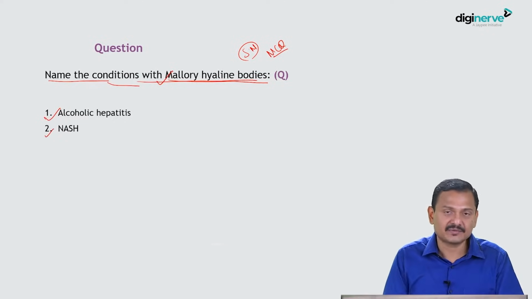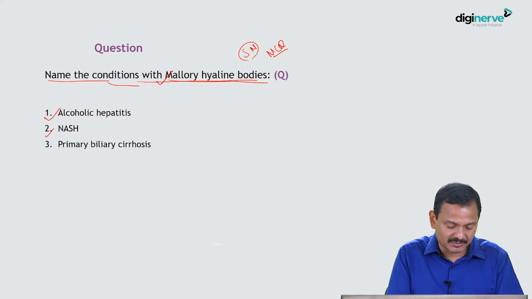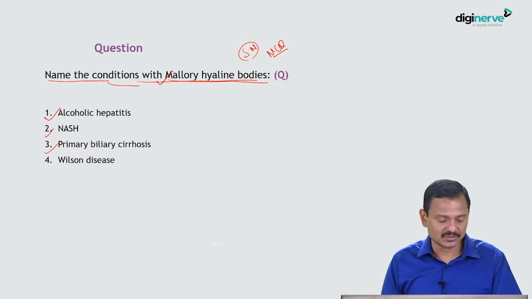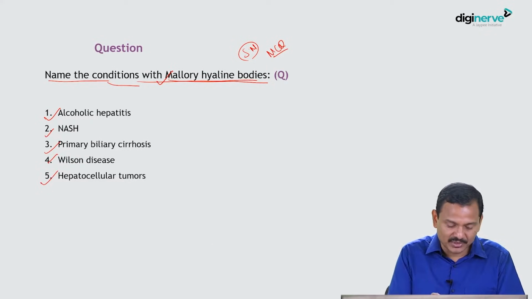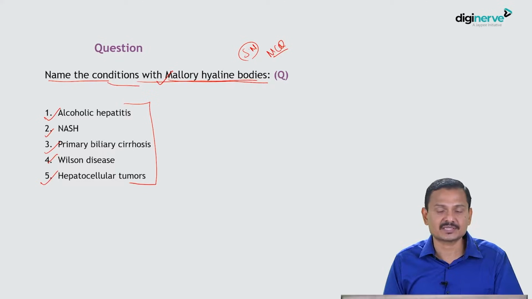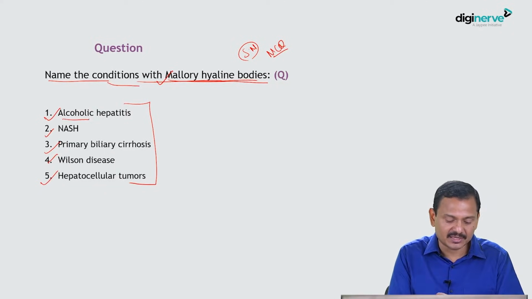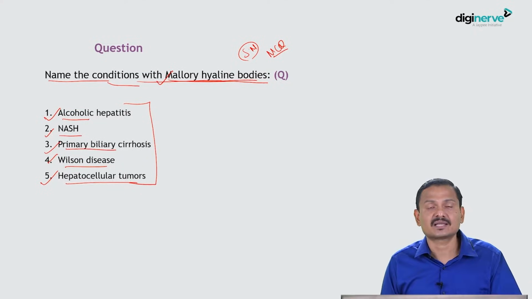We have learned that even in NASH it can be seen, it can be seen in primary biliary cirrhosis, in Wilson's disease as well as hepatocellular carcinoma. So you have to remember these 5 as the most common causes of Mallory-Denk bodies: alcoholic hepatitis, NASH, biliary cirrhosis, Wilson's disease as well as hepatocellular carcinoma.